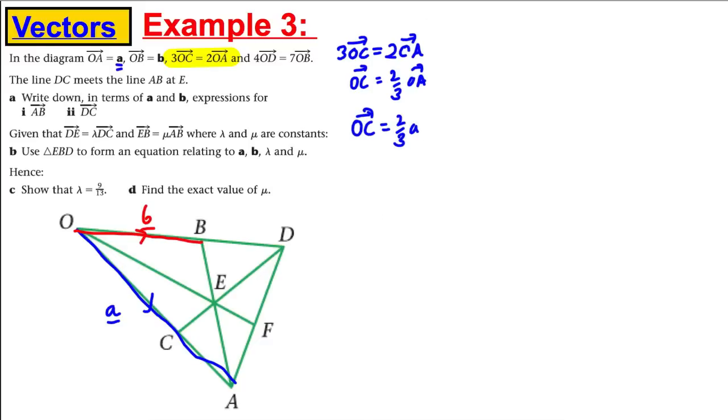So the vector to get from O to C, this portion of it, is 2/3 a. I'm going to delete that working, though you'd leave your working in obviously, and I'm just going to write that as a fact from here.